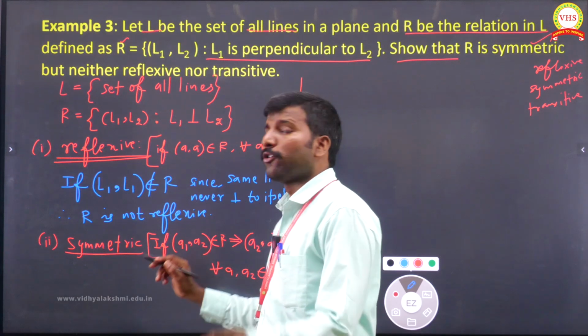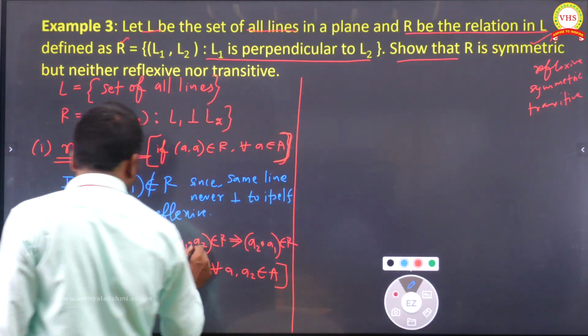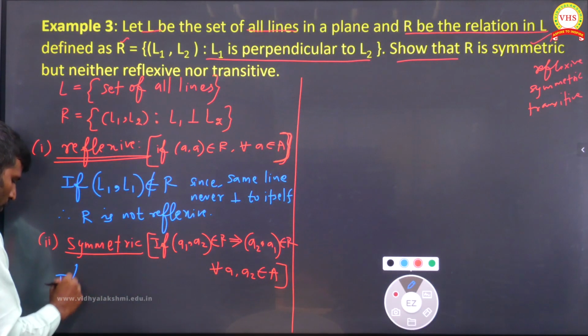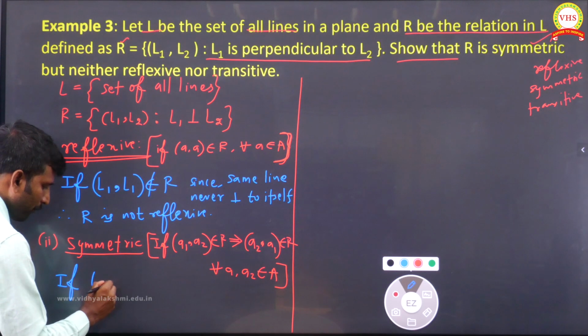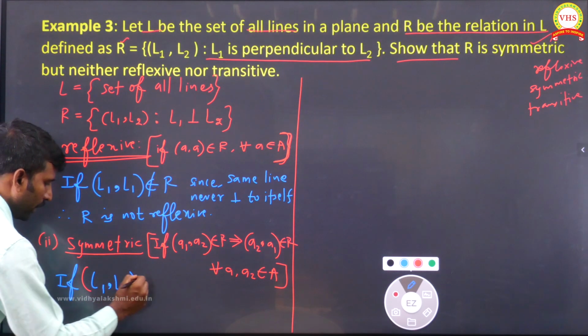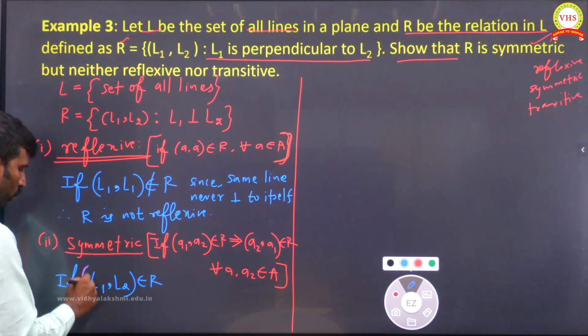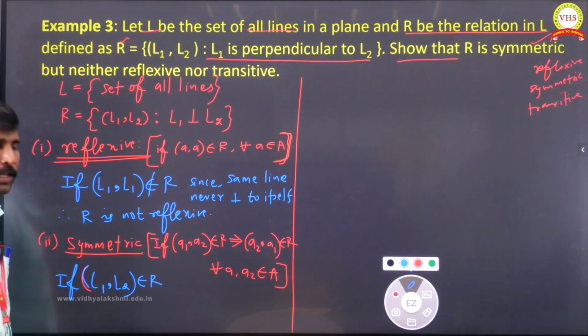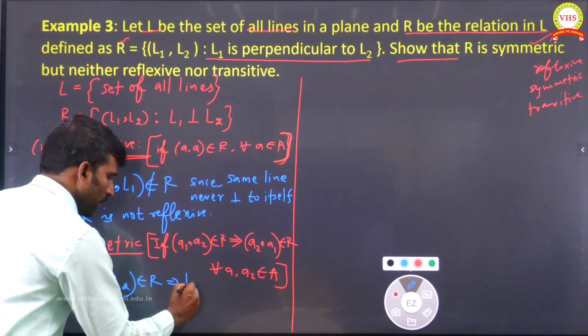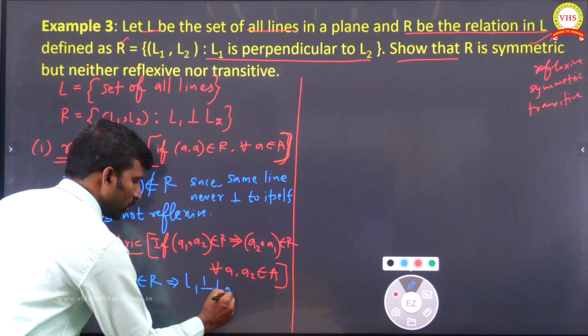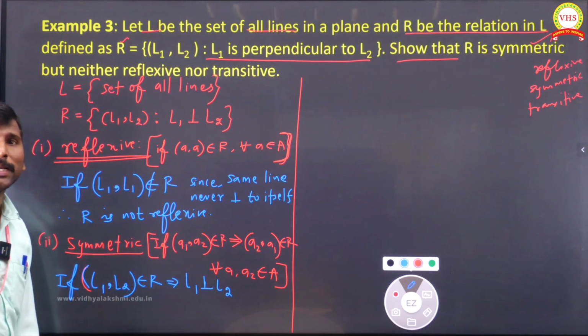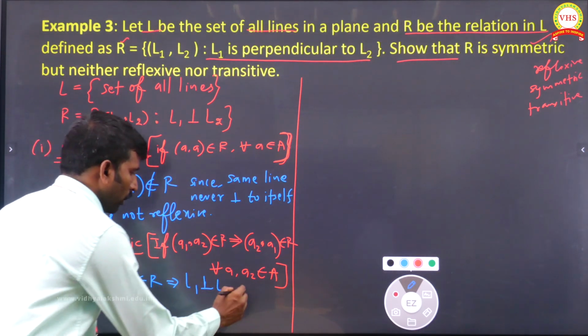See, two lines you should take. First condition, two lines you should take. So if (L1, L2) I'm taking belongs to R, what is the meaning of (L1, L2) belongs to R? It means L1 is perpendicular to L2. You can draw a diagram.